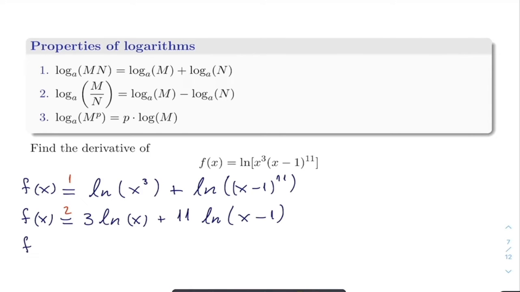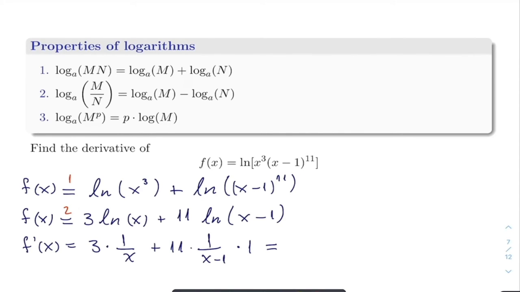So now we can compute this derivative simply by following the rules. So this is 3 times 1 over x, and in the second case we have to use the chain rule with the function x minus 1. So we have a logarithm composed with the function x minus 1. So this will be 1 over x minus 1 times 1.